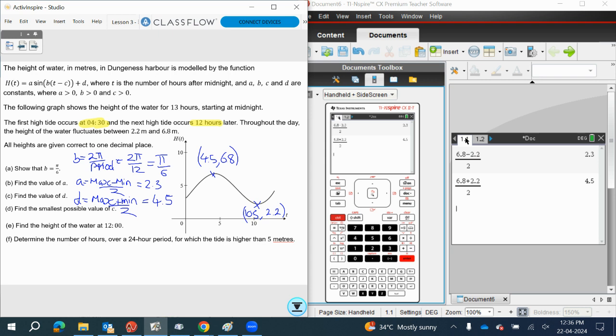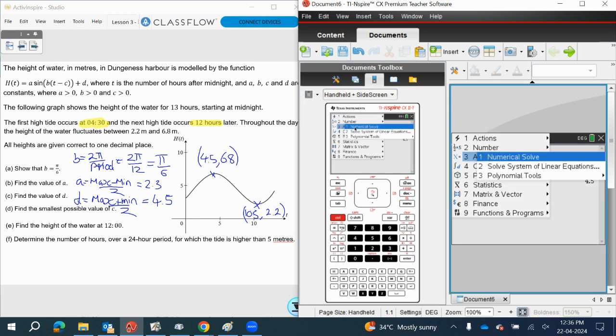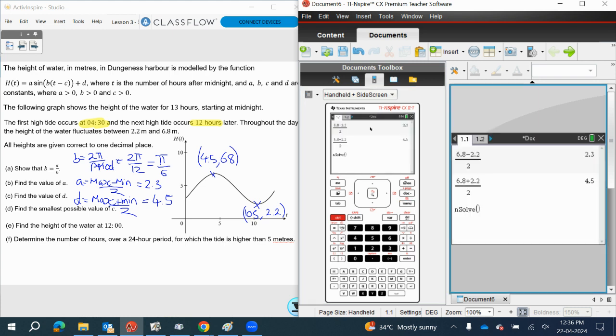Find the smallest value of C. I can use nSolve for this one. I can put in the equation. I've got the y value is 6.8.